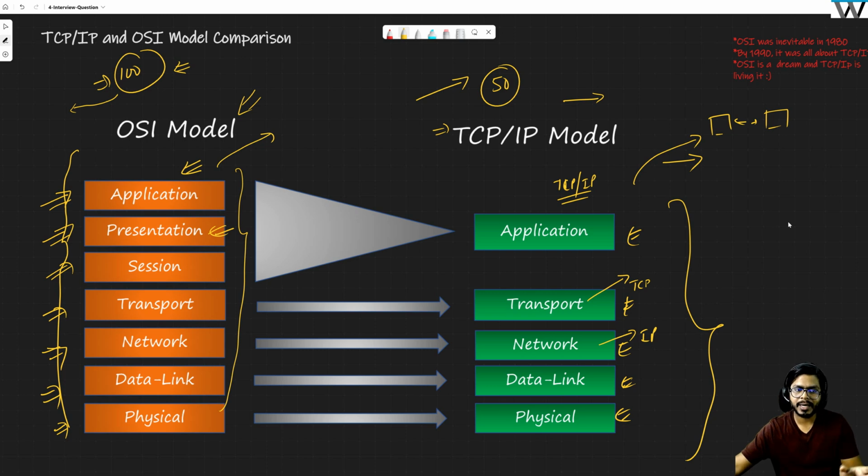But on the other hand, you have the OSI model, which is still incomplete. The work is in progress. It is costly as compared to the TCP/IP model. Not costly because this is free, so basically this is on a chargeable basis. You are going to have to pay for it. So anybody has a feeling that the TCP/IP model is going to give you more results, and that was happening, right?